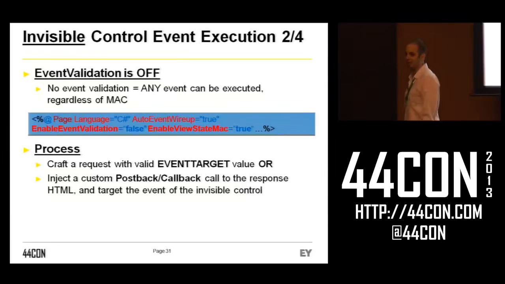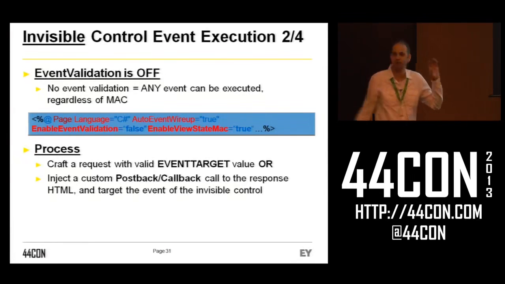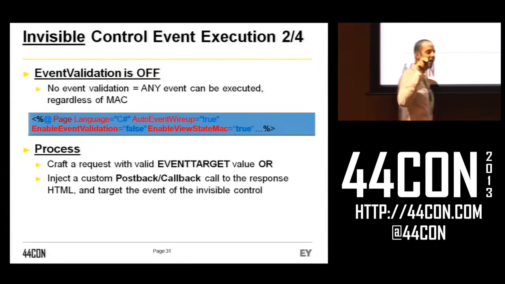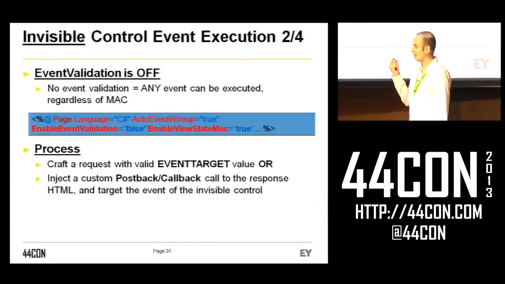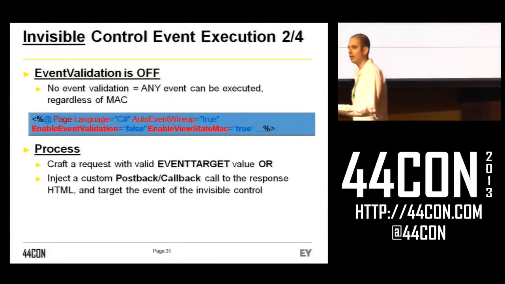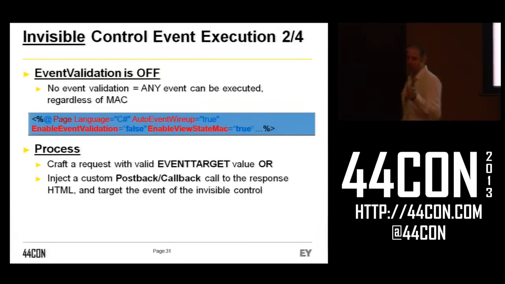So if the developer wants the .NET client-side control to be able to accept new values from the user, he has to turn off the event validation field. Otherwise, it won't work. So there's many cases in which developers actually turn that off. And if the event validation is turned off, it means that the server has no way of knowing whether or not I'm accessing controls I'm not supposed to. Okay?